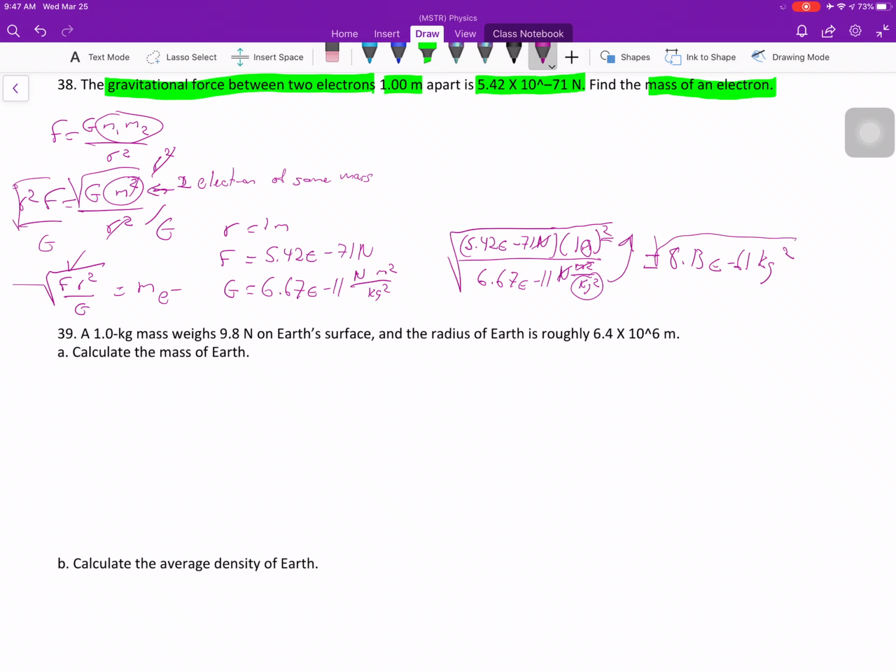And then we want to take the square root of that, which comes out to 9.01 times 10 to the negative 31 kilograms, which is the mass of an electron. And just notice that it is very small, which is what should be expected.